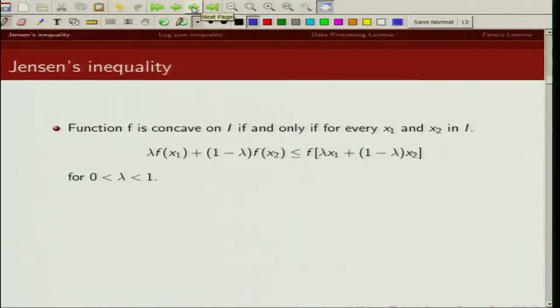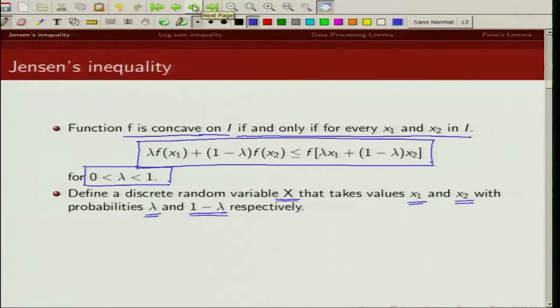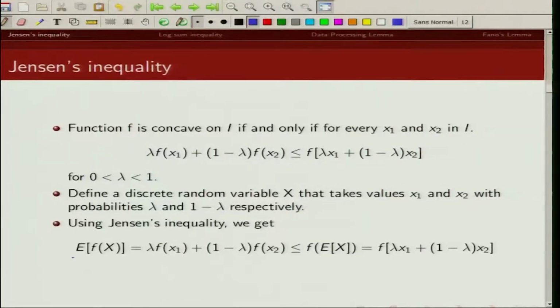So, then let us compute the expected value of the function. What is the expected value of the function? X takes values x1 and x2 with probability lambda and 1 minus lambda. So, the expected value of the function will be f of x1 multiplied by the probability of occurrence of x1, which is lambda, and f of x2 multiplied by the probability of occurrence of x2, which is 1 minus lambda.